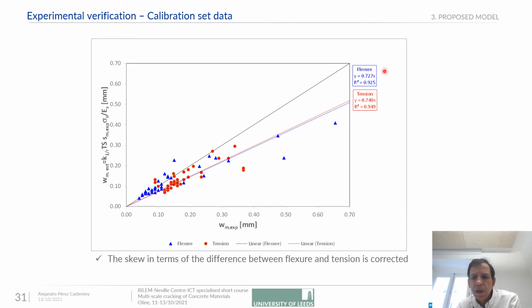You can see that by introducing this K curvature factor, this Q which we had before is corrected. Now the flexure and the tension have almost the same regression lines. So this is a very strong argument of the need to introduce this K curvature factor.